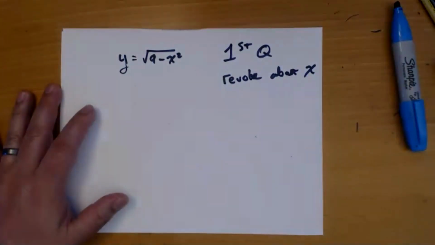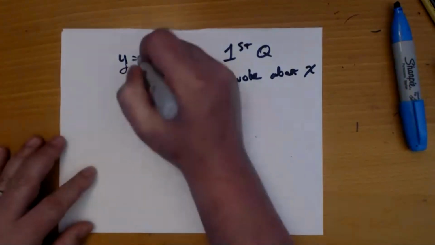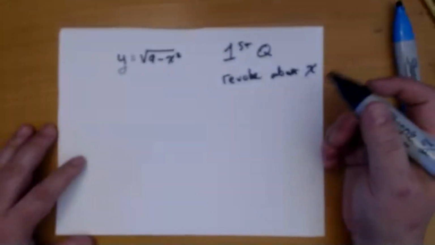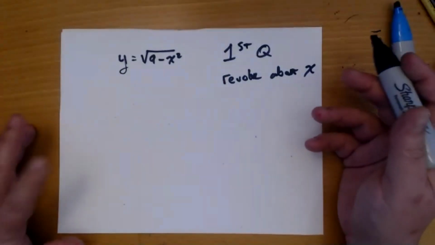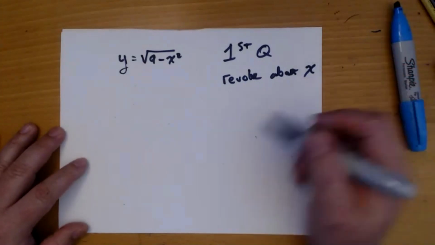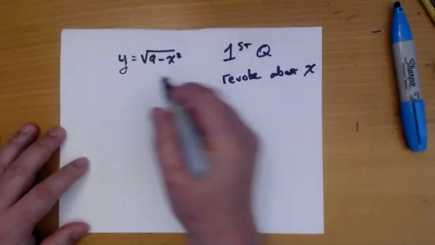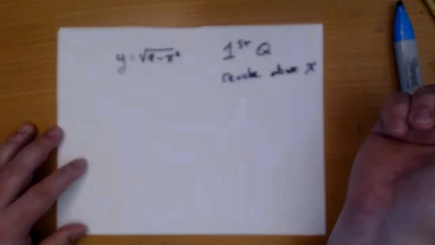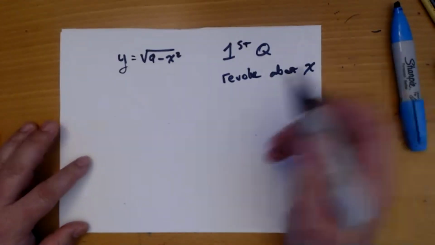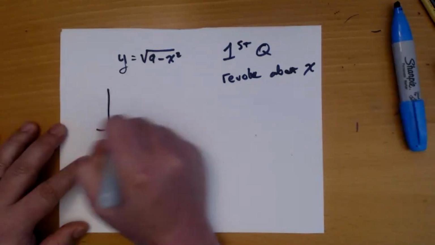So the first thing we have to figure out is what our bounds are. You can look at the graph, or you just set this thing equal to 0, because we want it to be in the first quadrant.